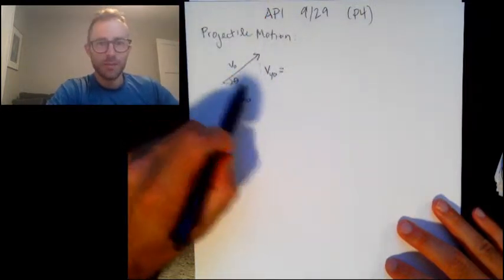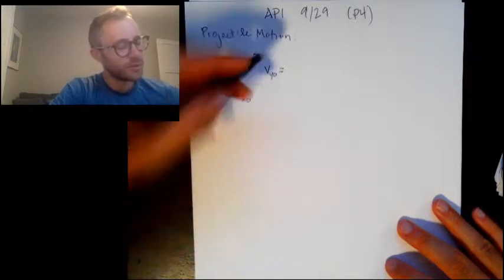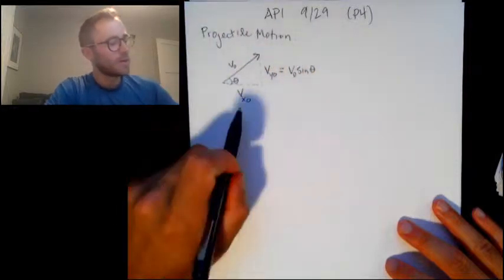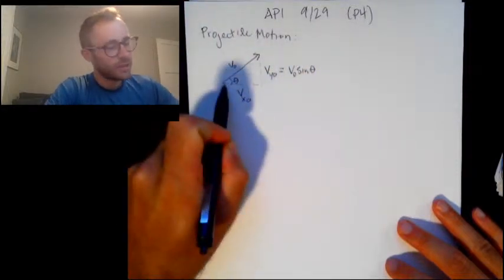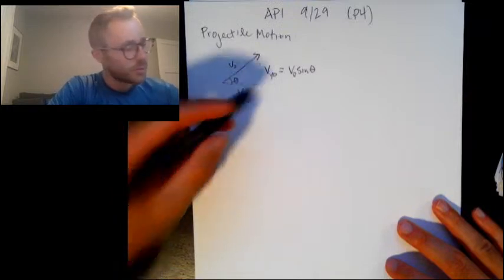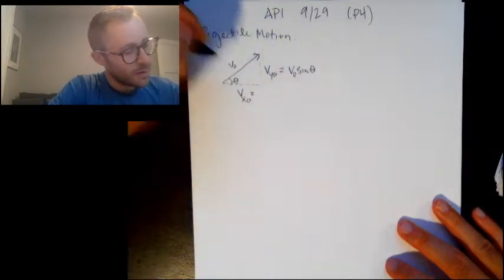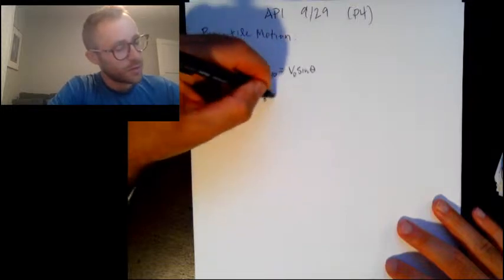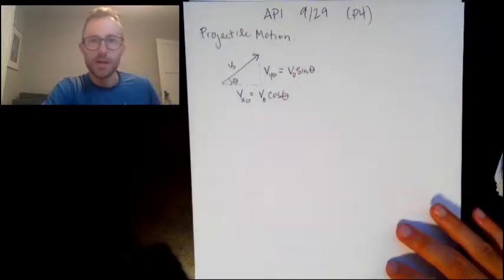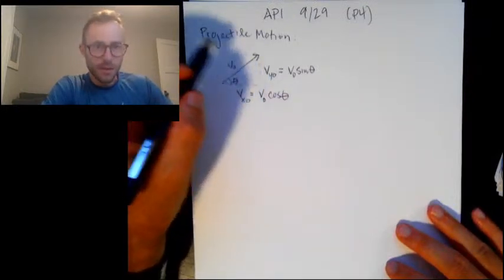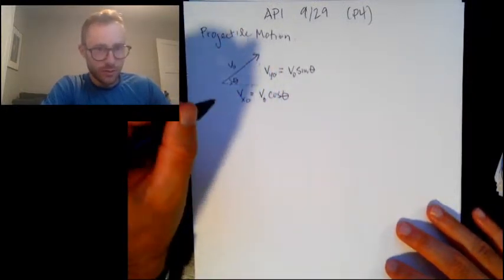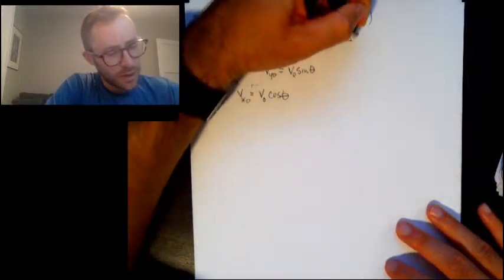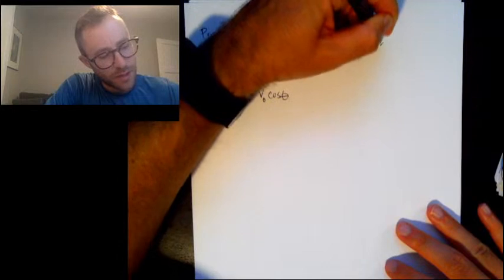Vy naught is opposite the angle, as you can see, so we're going to use the sine function. It's V naught sine of theta. Vx naught is adjacent to the angle, so that's V naught cosine of theta. Then we learned the equations of projectile motion, which were delta x equals Vx naught times time.